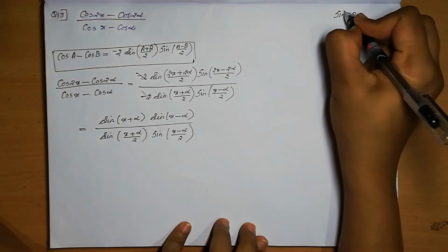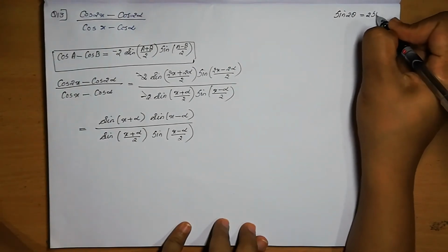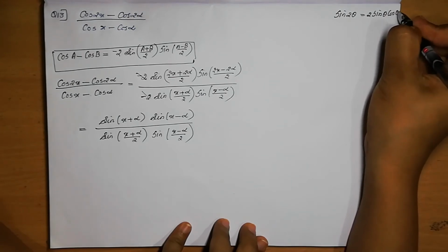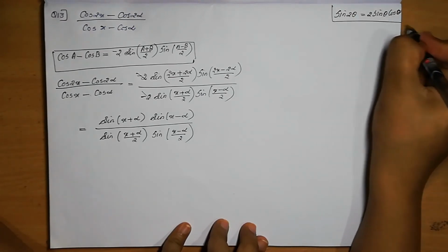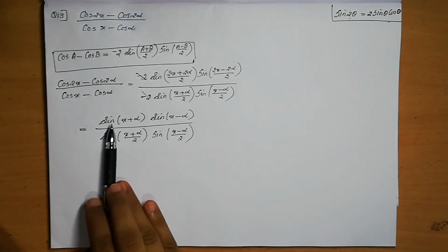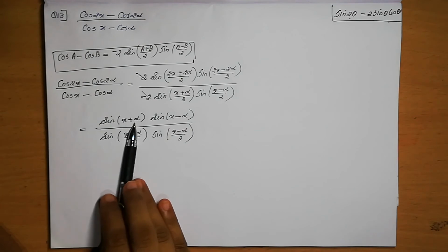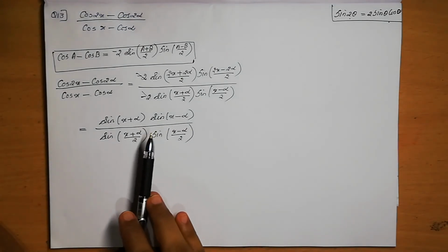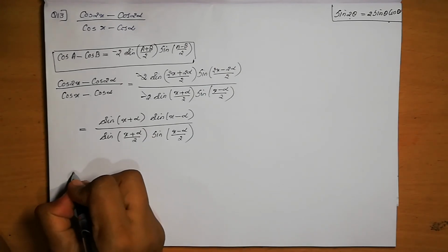Sine 2 theta means 2 sine theta cos theta. That means we take half of the angle only. So this one we can write as 2 sin((x plus alpha)/2) and 2 cos((x plus alpha)/2). So this one I am going to change.